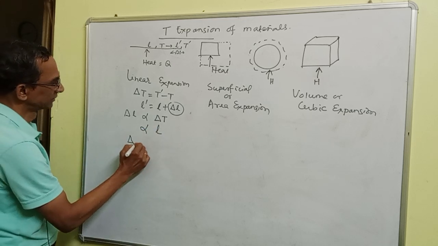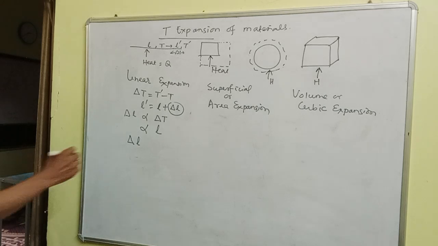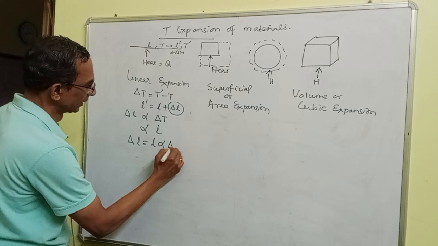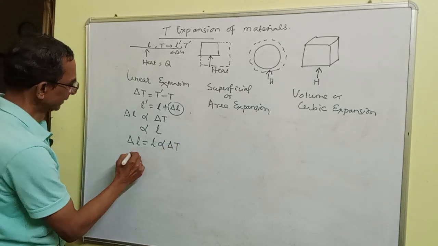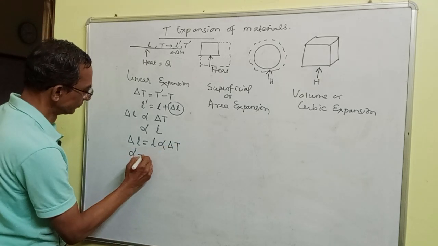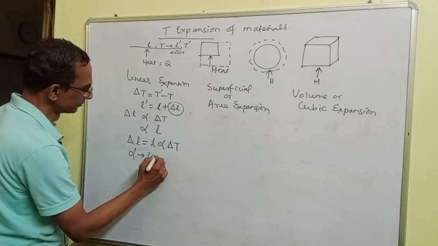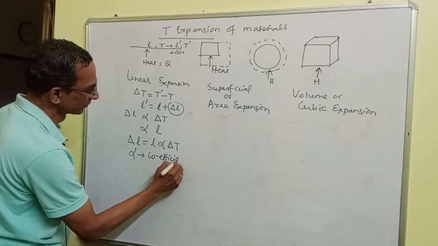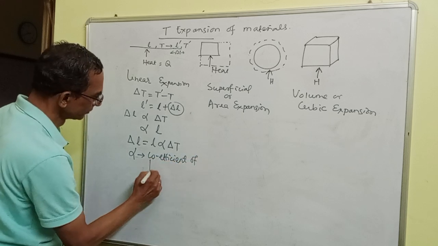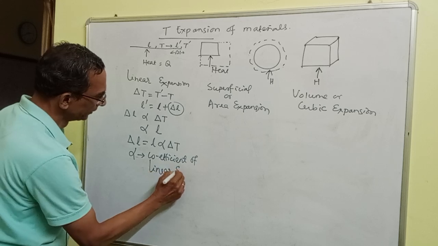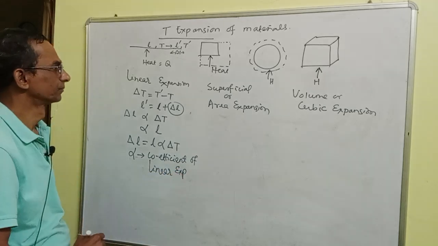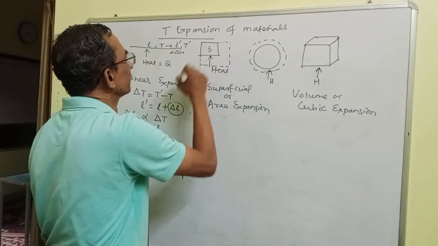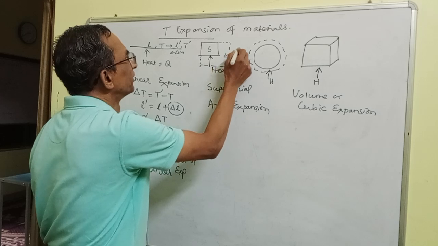Hence, we say this change in length is equal to L times some constant alpha times delta T. This constant alpha we say coefficient of linear expansion.